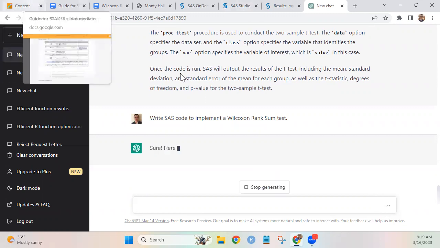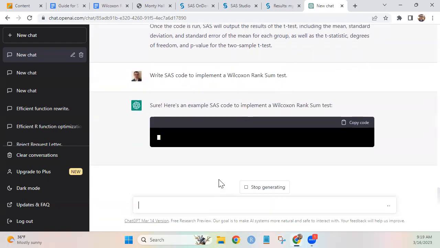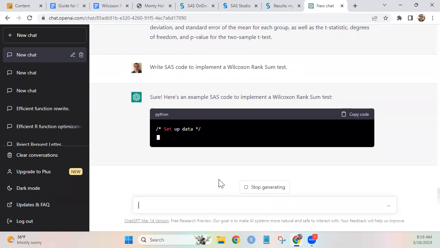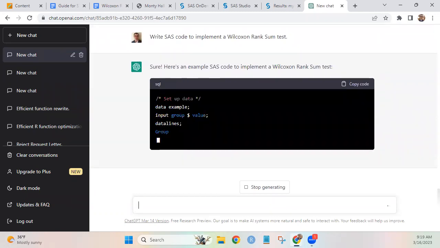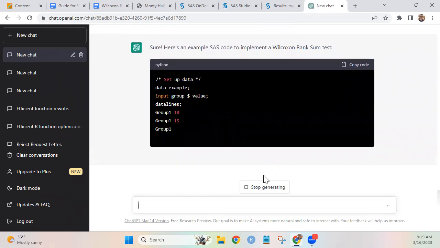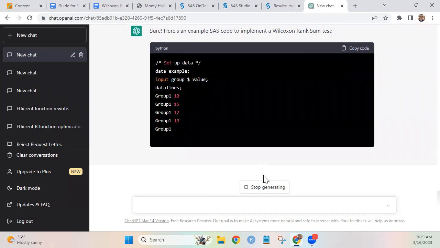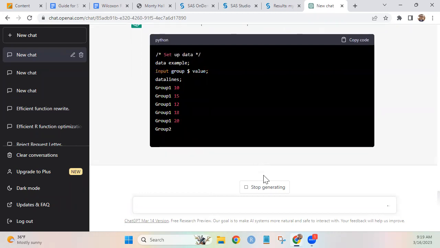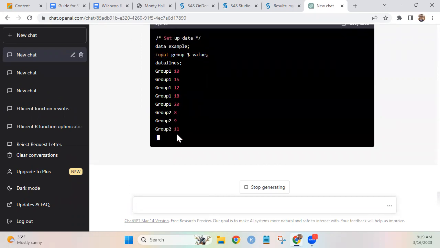Maybe we'll let that run. Oh, there you go. Oh, it's enthusiastic. It's fun. Okay, that's good. It did the two variables, one for the group, one for the value. So it's making fake data here to run the test on.